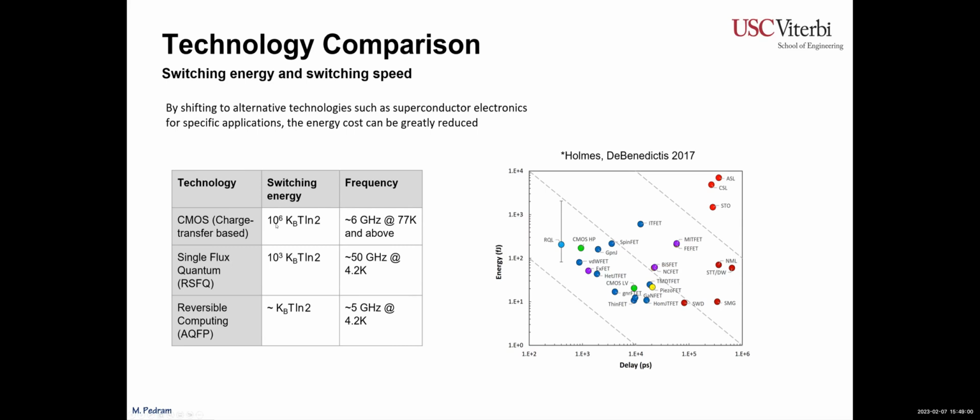So, okay, 10 to the 6. Single flux quantum, 10 to the 3, and reversible computing using adiabatic version of the SFQ logic is on the order of the thermal noise. And so in the best case, 6 orders of magnitude improvement in energy efficiency.